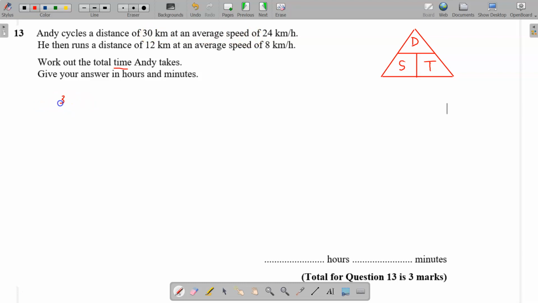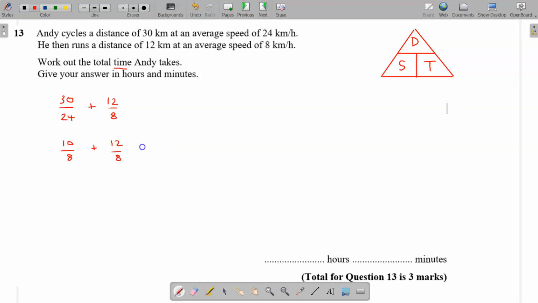If we take the first part, we've got his distance and his speed. So 30 divided by 24, plus the running part, which is 12 divided by 8. Now, if we want to add those together, we need a common denominator. Actually, the easiest thing here is just to divide that one top and bottom by 3 to give us 10 over 8, plus 12 over 8.